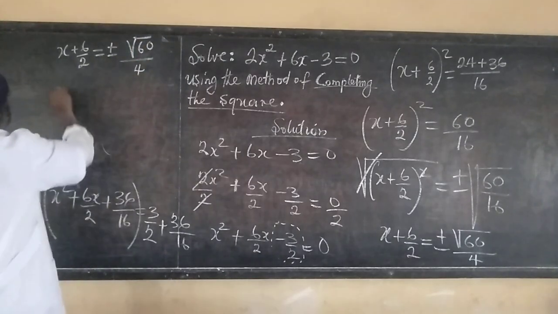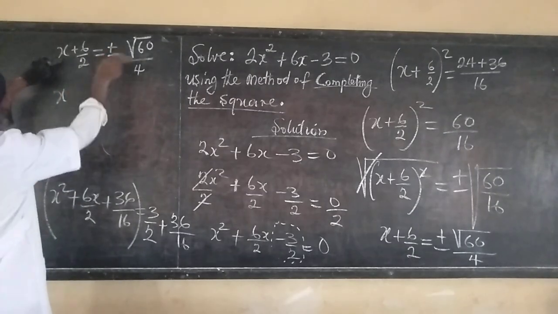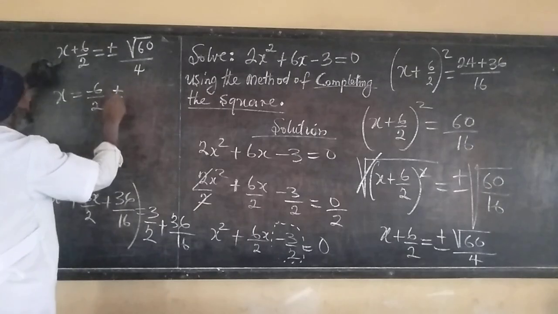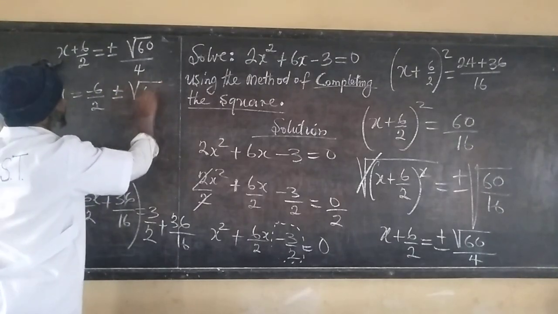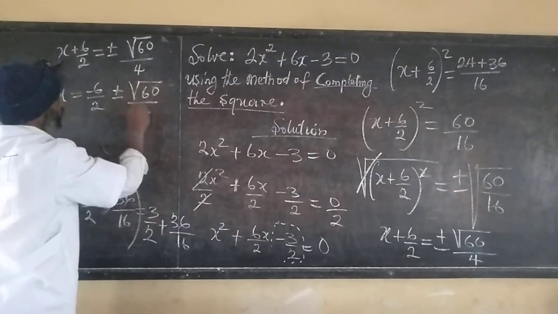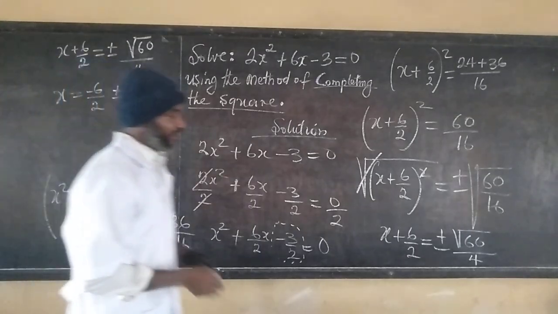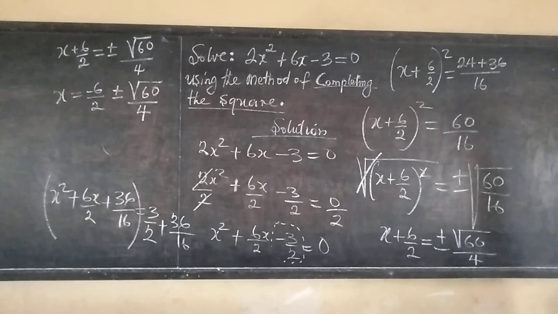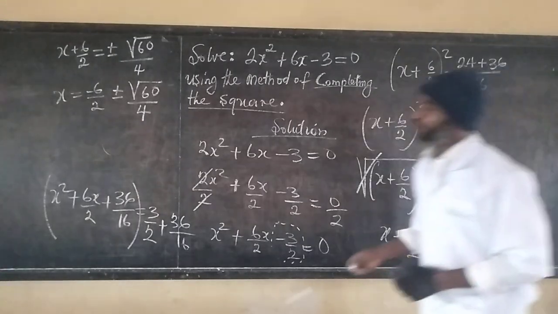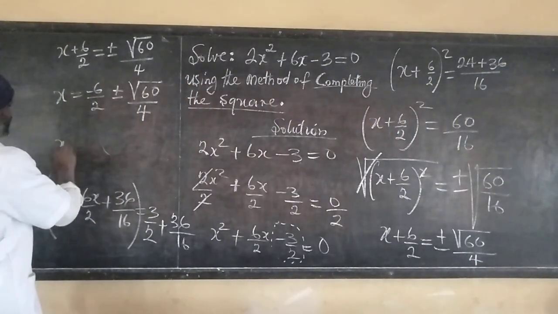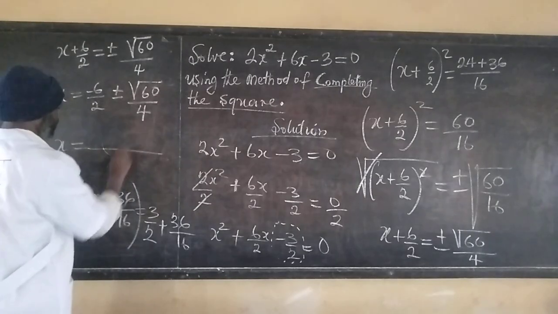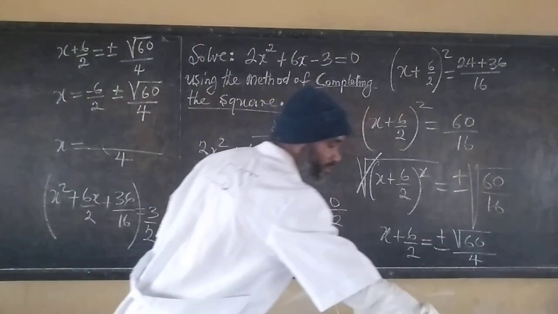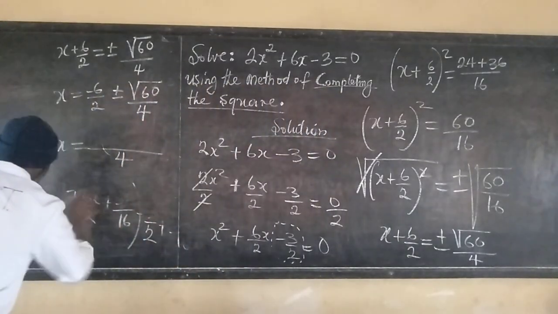Now make x the subject: bring this across, and it becomes x equals minus 6 over 2 plus or minus square root 60 over 4. It's very simple. What we need to do is find the LCM, and the LCM is 4.